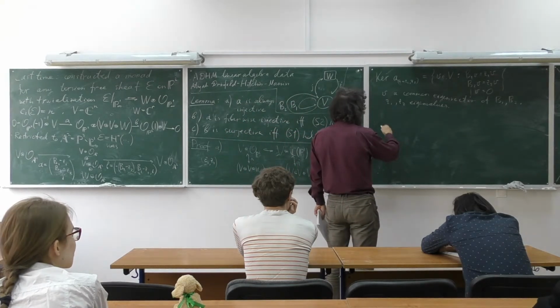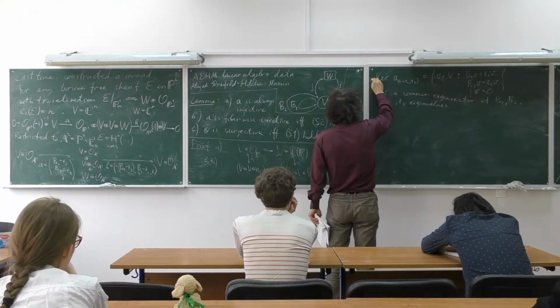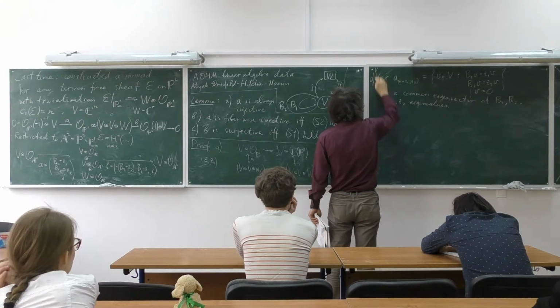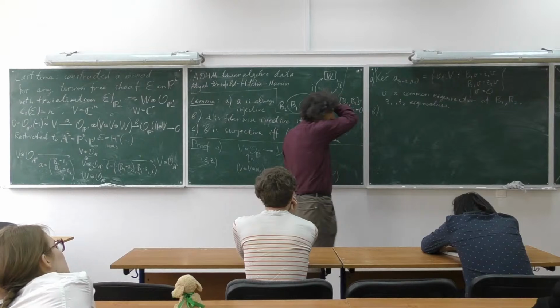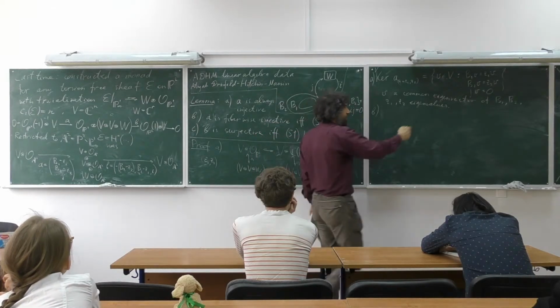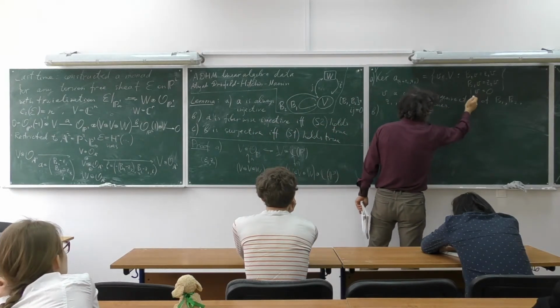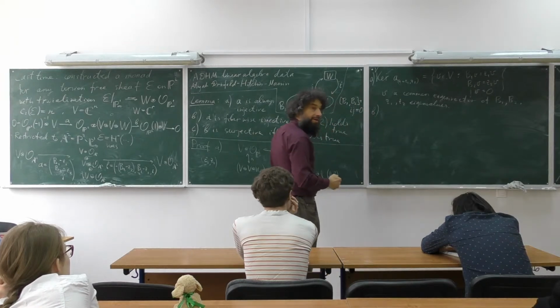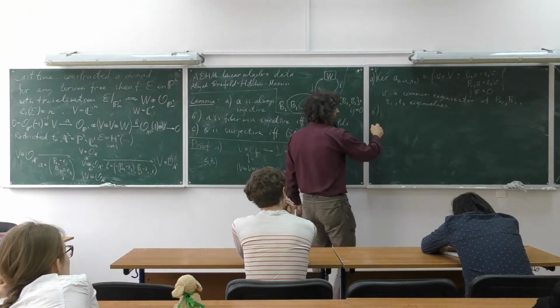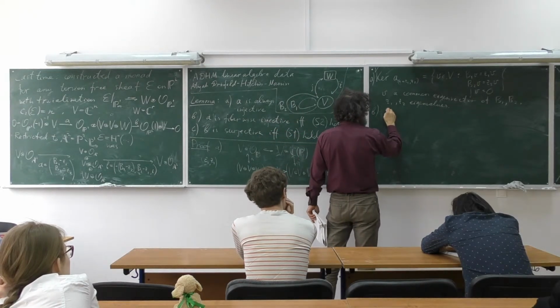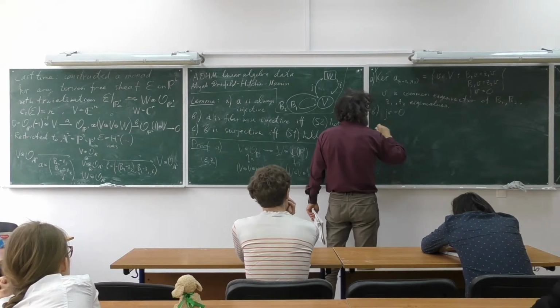Now, so we proved A. What about B? Here we want to use the third condition as well. So suppose JV is 0.